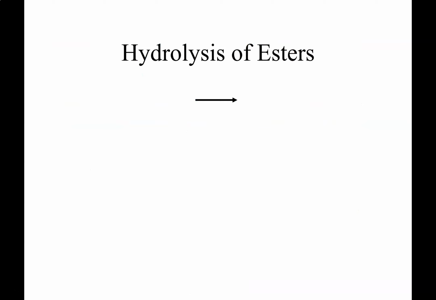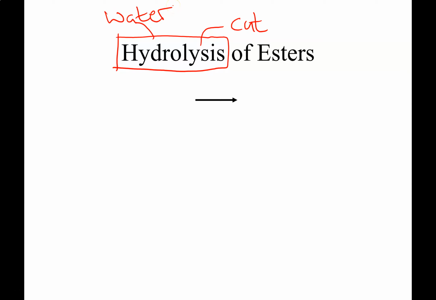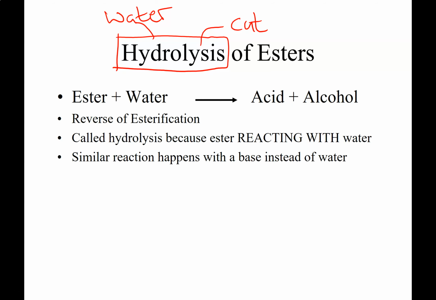Okay, so now we come on to hydrolysis of esters. So hydrolysis, we should know at this stage. Lysis means to cut, hydro refers to water. So this hydrolysis of esters is when the ester reacts with the water and you come back to form your acid and your alcohol.